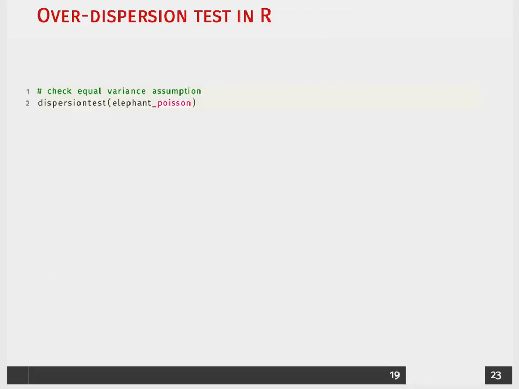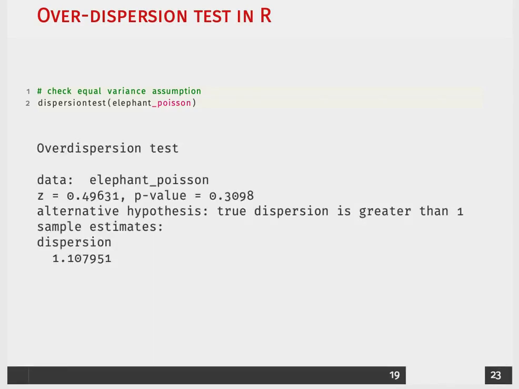So first, to run the test, we have already loaded in the background our AER library, and we're using the function dispersion test with our Poisson model object. Now, from this, we can see that the null hypothesis test here has not generated a test statistic that would surprise us under the null hypothesis, which is that there is no over-dispersion.